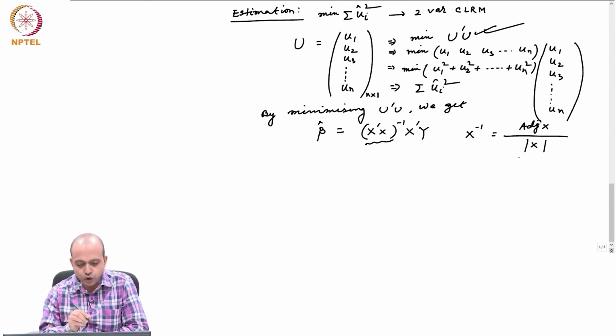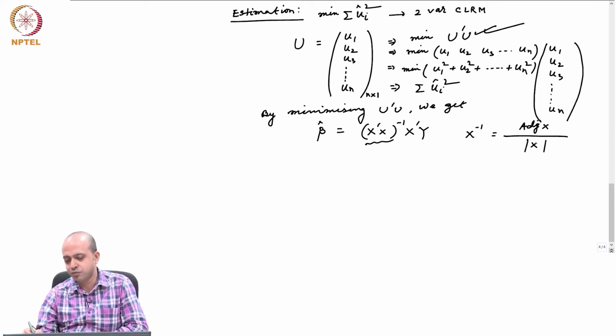So, for getting a solution and to get all the beta hats, this inverse should exist. If for any reason this inverse matrix does not exist, for example, if the determinant of x becomes 0, then you cannot actually estimate beta hat. You have to keep this in mind. This should be useful later on when we discuss some important things.